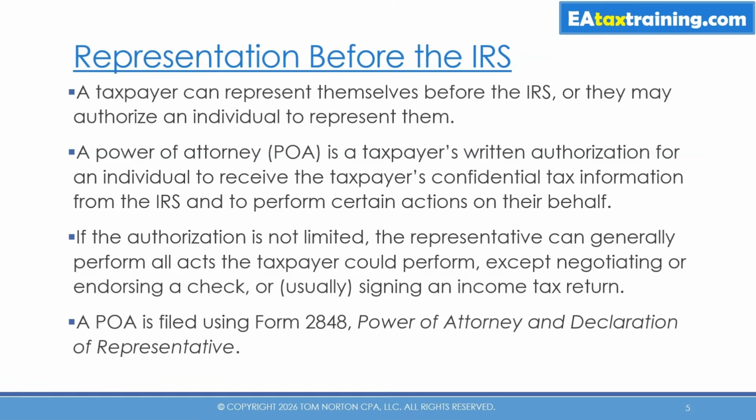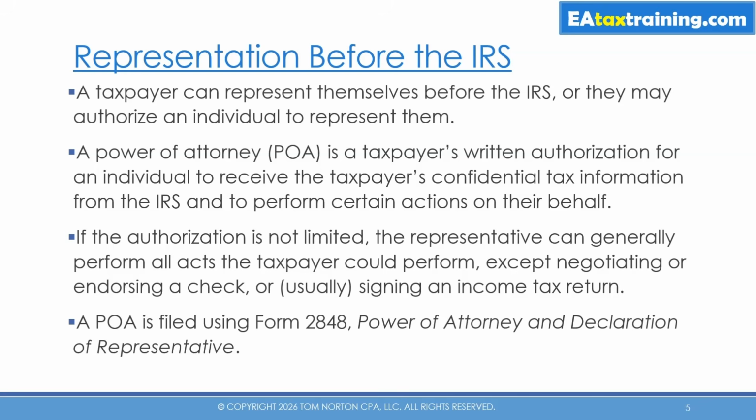If the authorization is not limited, the representative can generally perform all the acts the taxpayer could perform except negotiating or endorsing a check. Do we ever negotiate a client's check? No.